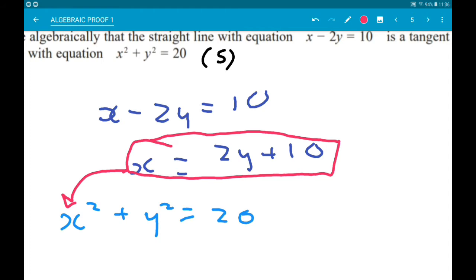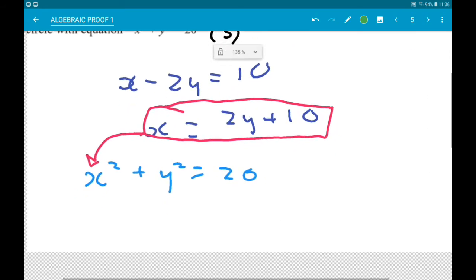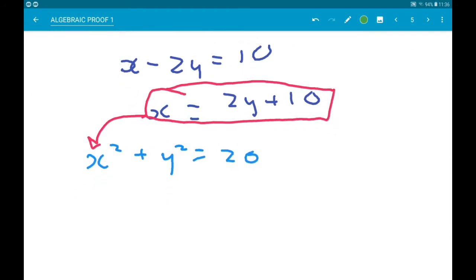So x becomes 2y add 10. So we're then going to have 2y add 10 squared add y squared is equal to 20.